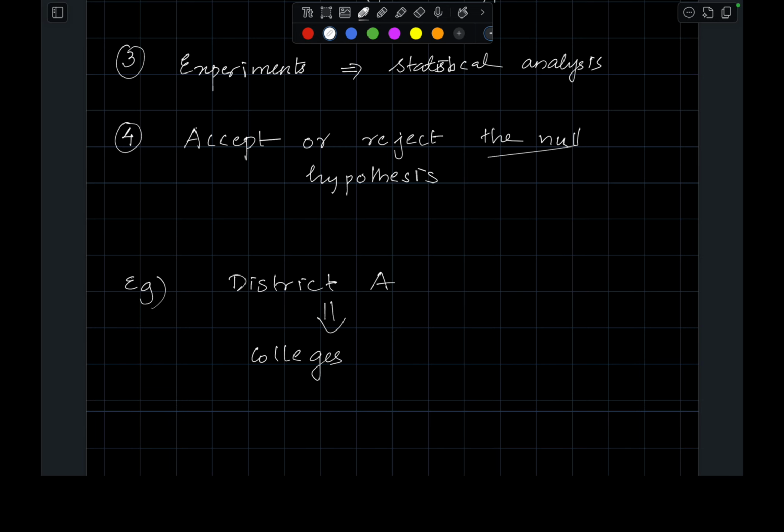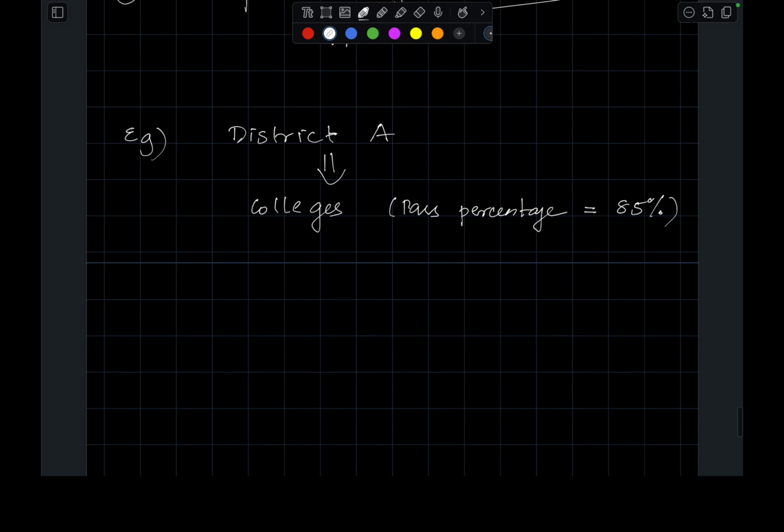and the pass percentage in that particular district is nothing but 85 percentage. And a new college is opened in the same district, and a sample of 100 students is taken from the new sample or a new population.